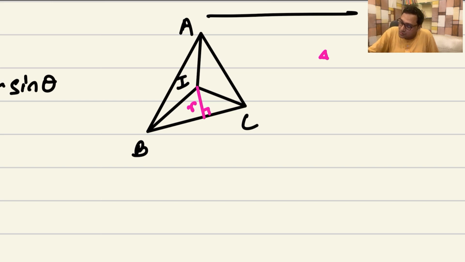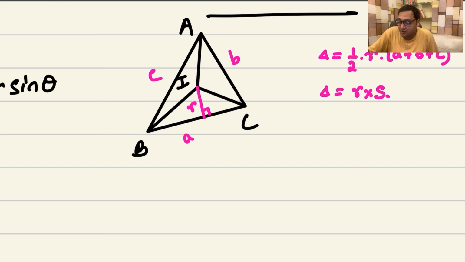Delta is equal to half times R times (A plus B plus C), where A, B and C are the three side lengths of the triangle. So delta is equal to R times the semi-perimeter. You can also think of it like that.